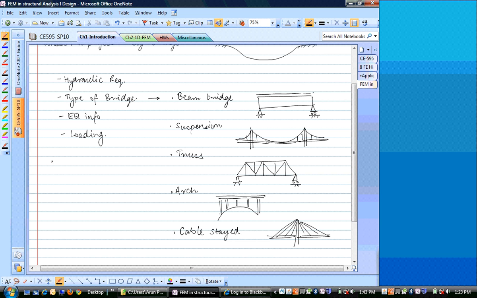So that's our design philosophy. Assume a type of bridge and check your solution.